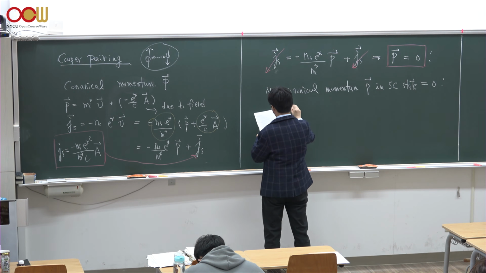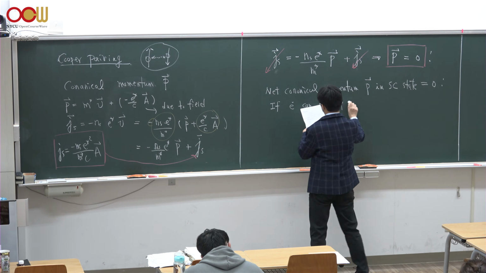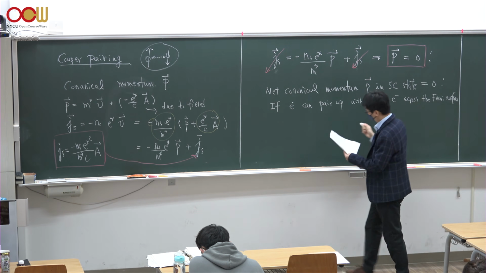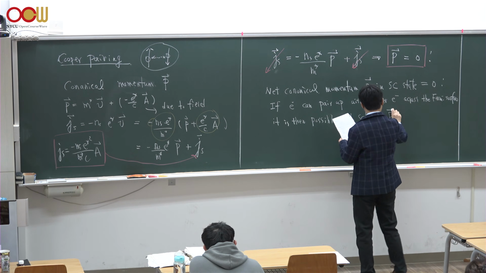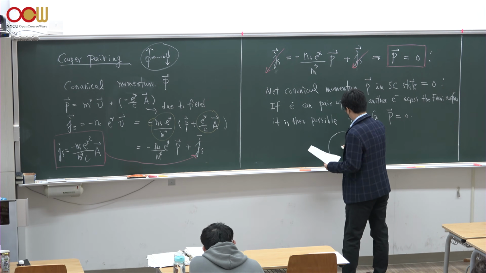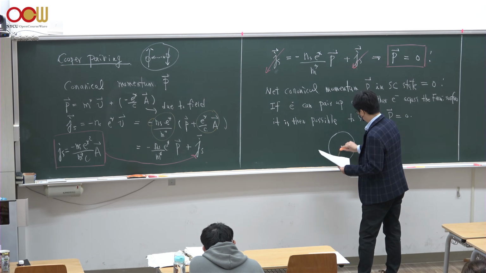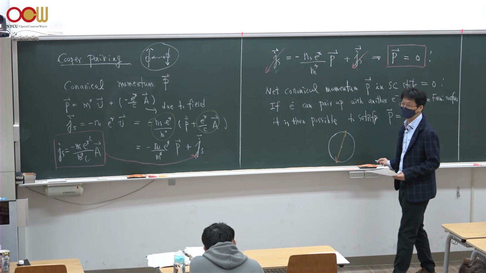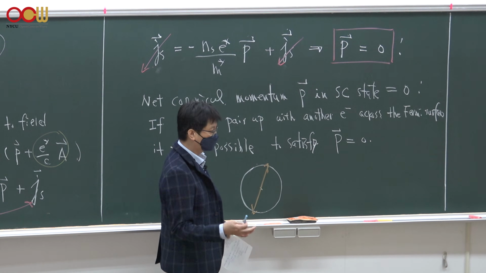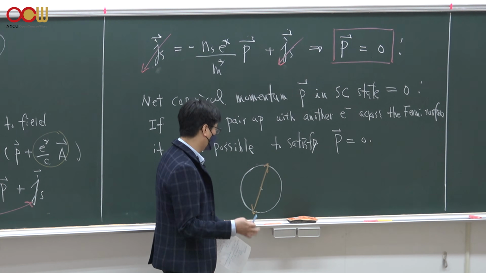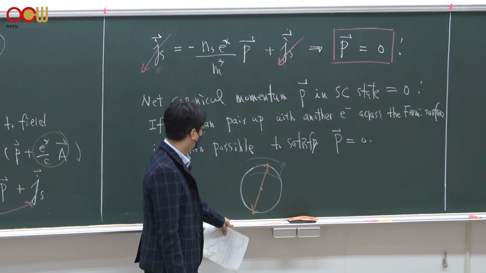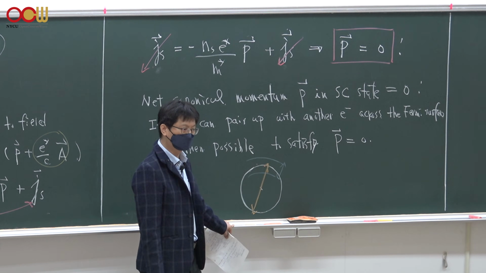If an electron can pair up with another electron across the Fermi surface, it is possible to satisfy this condition. Let me use a cartoon picture to illustrate this. This is the Fermi surface, and we know very well that the electron-phonon coupling gives some modification of the Fermi surface, but we'll see later that within the range of this Debye energy, electron-phonon coupling applies.